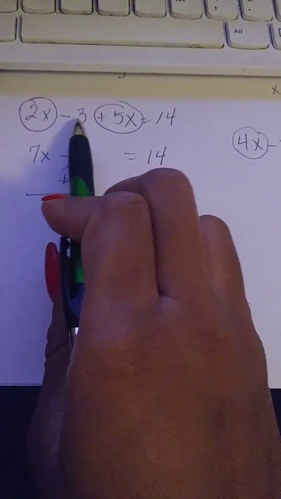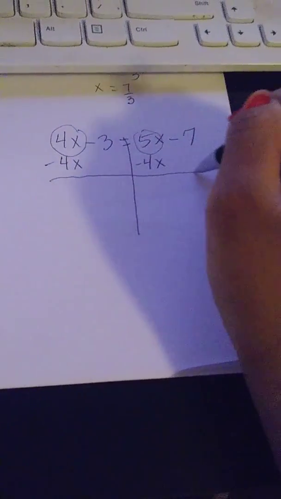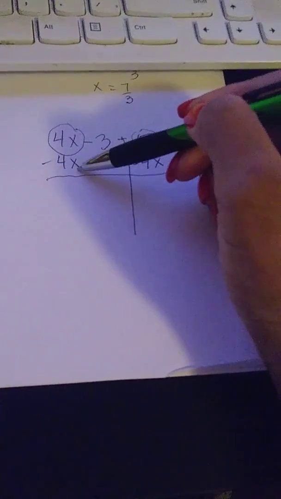Remember that negative belongs to the 3. Because they're on different sides, I have to use inverse operations. I change the sign. And when I do that, I'm taking the letter along with the number.